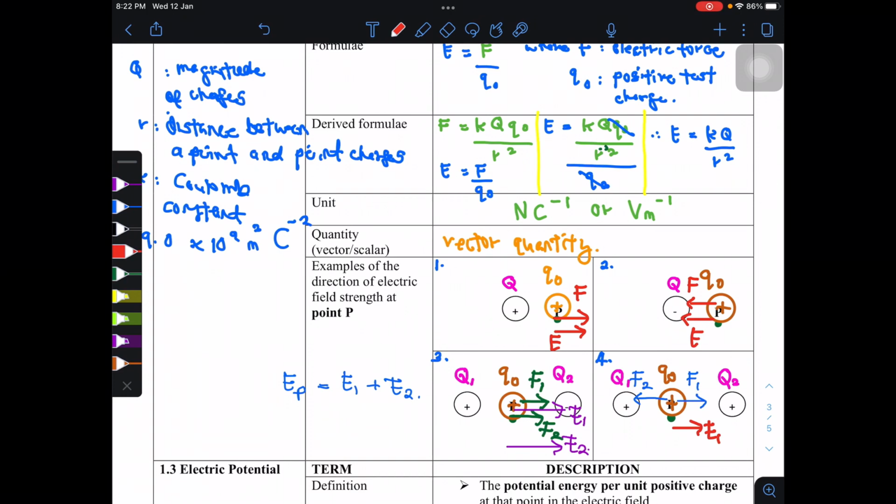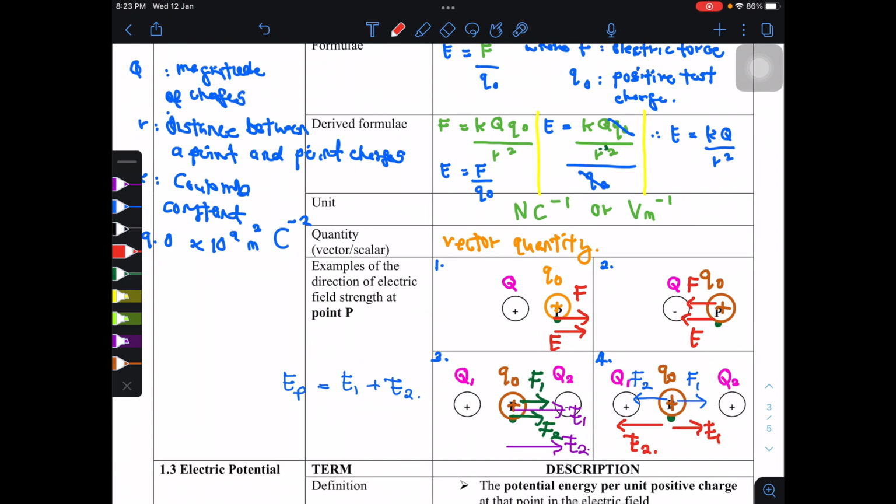You just follow the direction of the electric force just now. That one is by Q1. Next, the direction of the electric field strength on the test charge by Q2: you just follow the direction of F2. So the direction of the electric field strength on the test charge is to the left. We label this E2. So these are the directions.